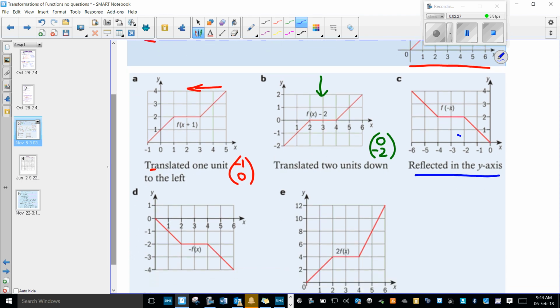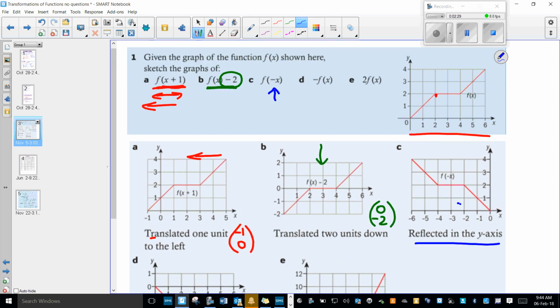And this last one has got a big 2 in front. So what does that mean? Vertical stretch of scale factor 2. So here it went through the coordinate (1, 1). Our new one is going to go through the coordinate (1, 2). This point went through (2, 2). It's going to go through the point (2, 4). (3, 2) is going to go through (3, 4).